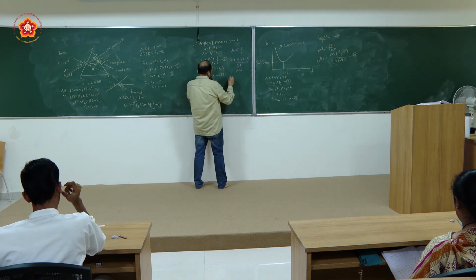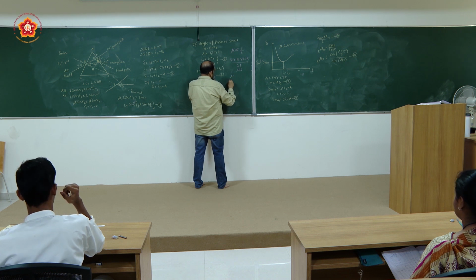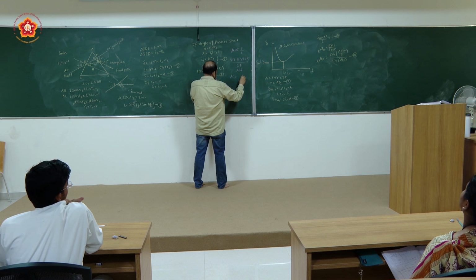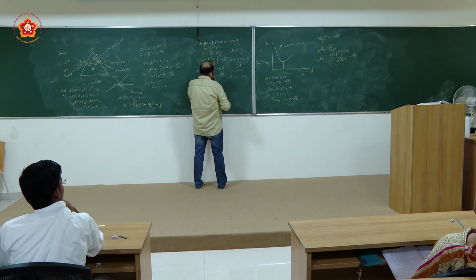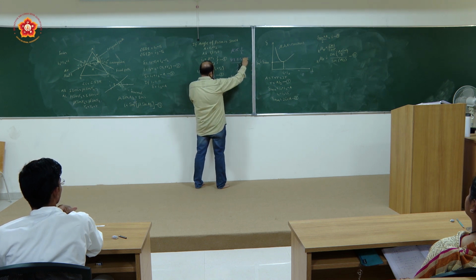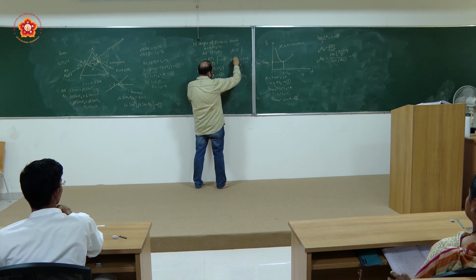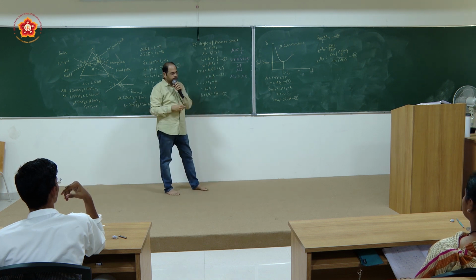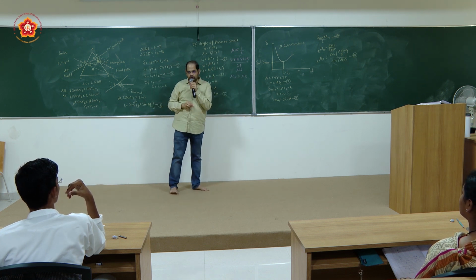So I will be able to say here refractive index for the red color and refractive index for the blue color, how will it be? Wavelength is increasing on this side, so your refractive index will decrease on this side. Mu red will be less than mu blue.